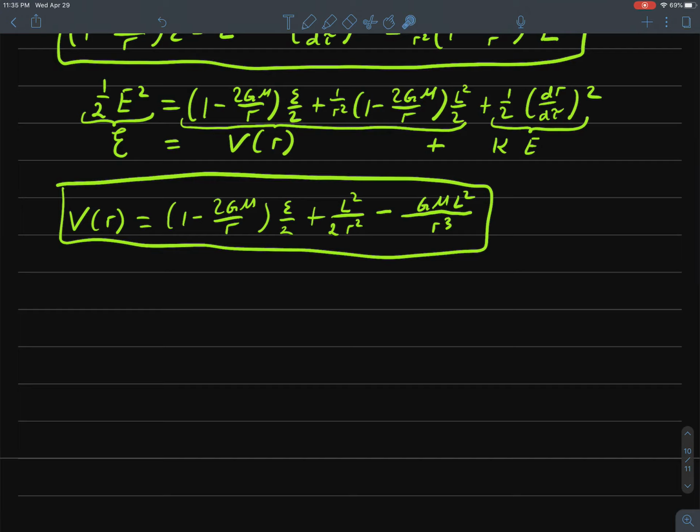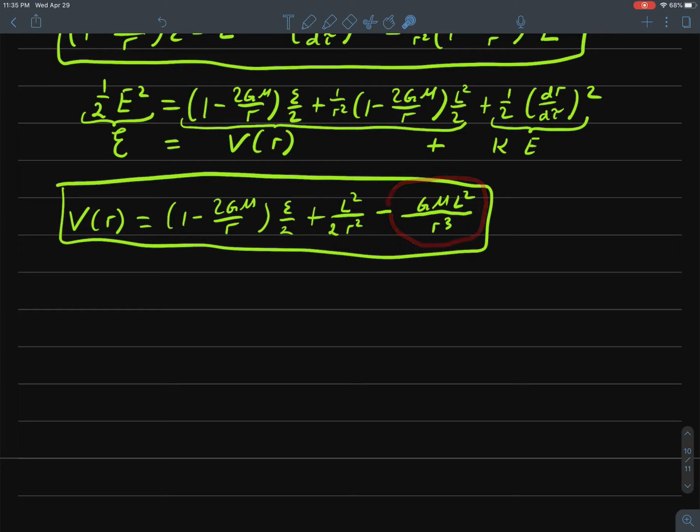What's going on here? Well, if you look right here, this here is the Newtonian potential. This is the Newtonian potential if we added angular momentum to the system, so for an orbit, just using regular conservation of energy. Very cool. What do we have over here?